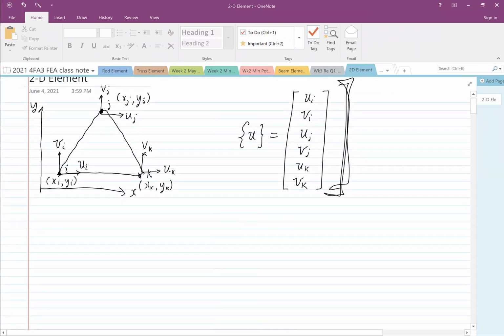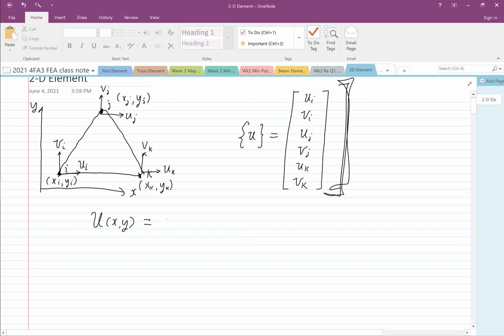Okay, so after this, we have identified a displacement vector. Then what? Every time we want to develop an element, we want to find the stiffness matrix, right? And the first step is to look at the shape function, right? That's the displacement u, the horizontal displacement at any coordinate x, y.